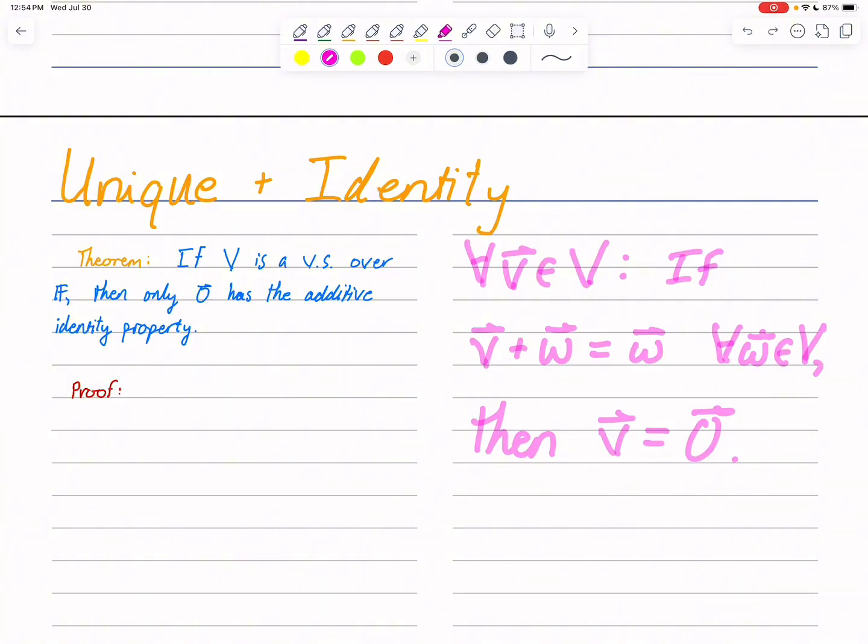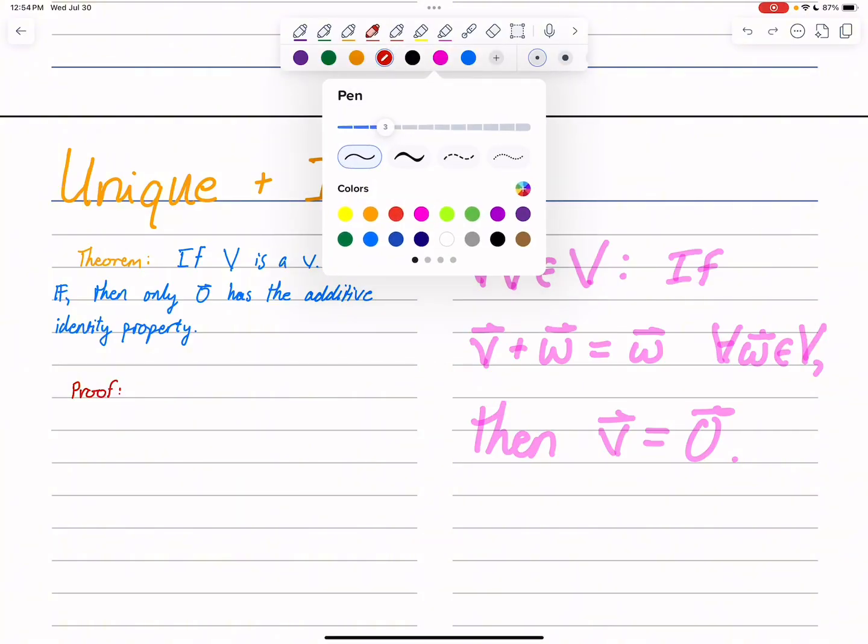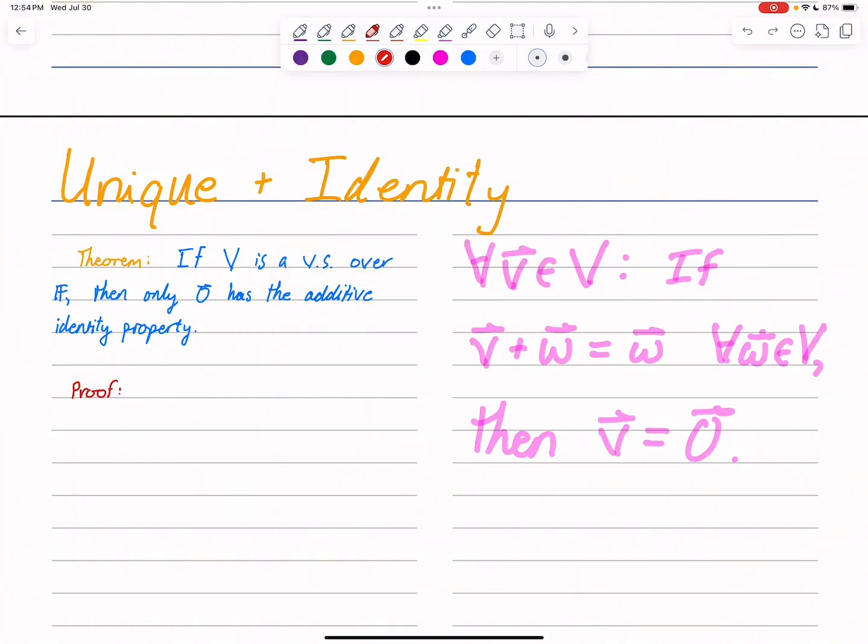So basically we're showing that this one vector, the 0 vector, is the only vector in the space which has this property. Of course, the way to begin such a proof is to let v be such a vector and then start reasoning about it.